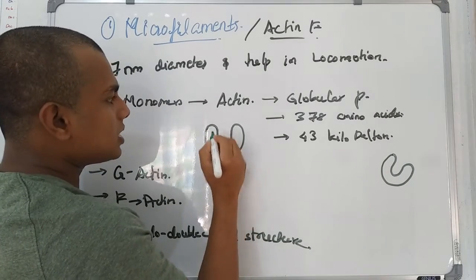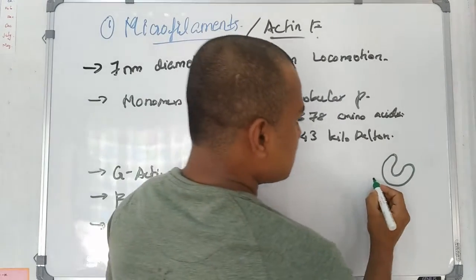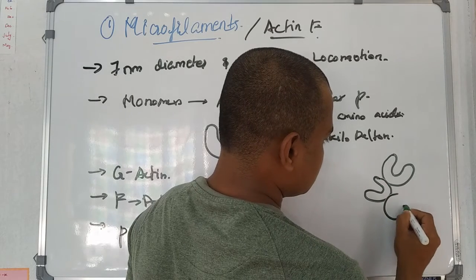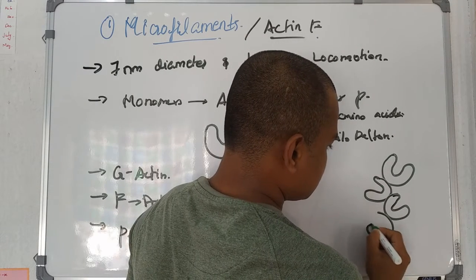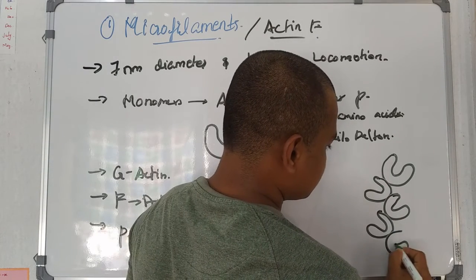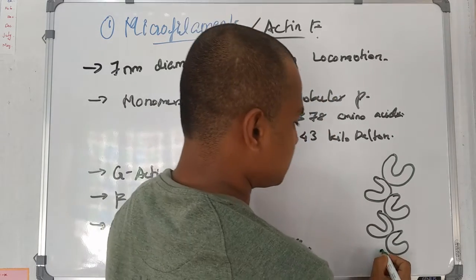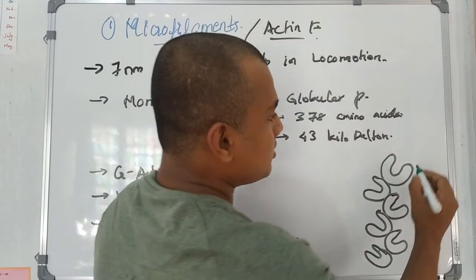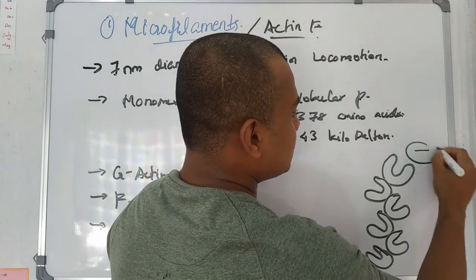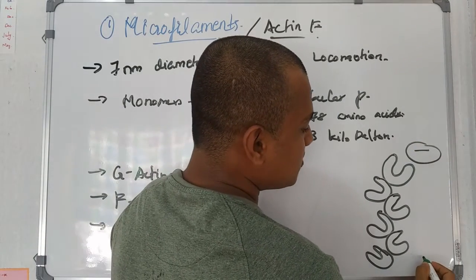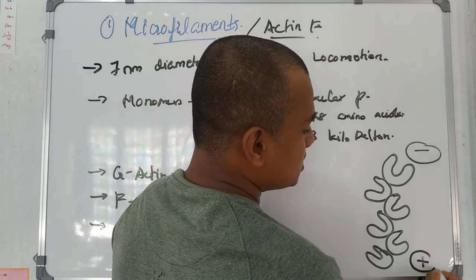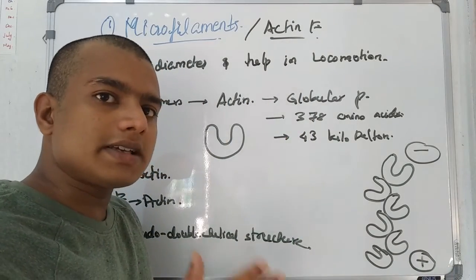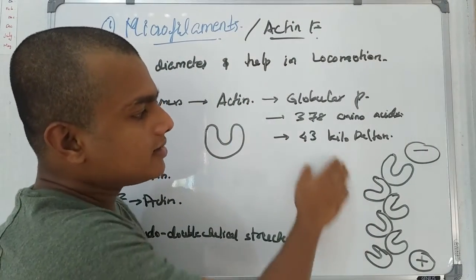It looks approximately like this, and this is the filamentous structure. I said that they are polar in nature. This pointed end is the negative region and this bar shaped end is the positive region. Polymerization and depolymerization can occur at both the ends.